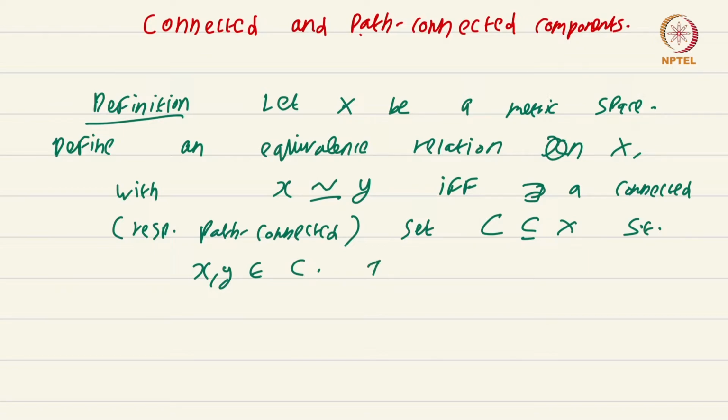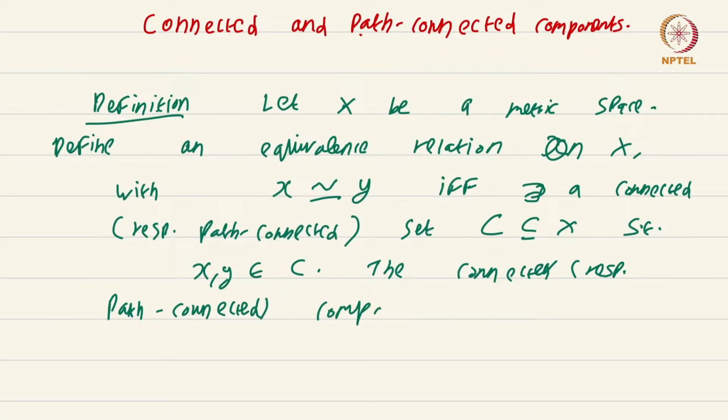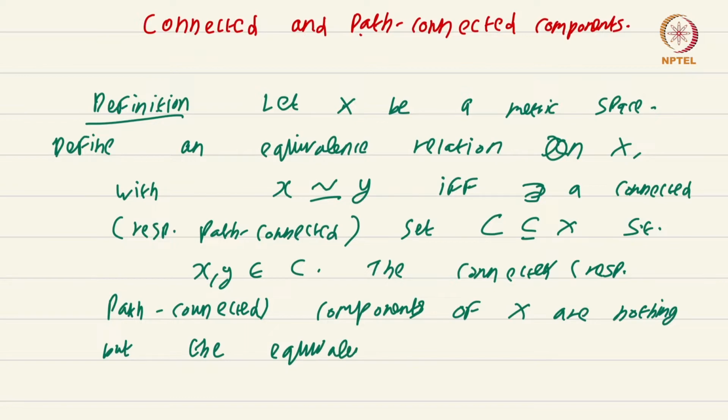So the connected, respectively path connected components of X are nothing but the equivalence classes under this relation.